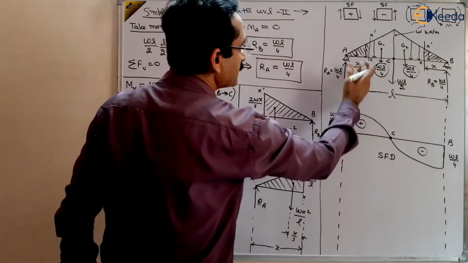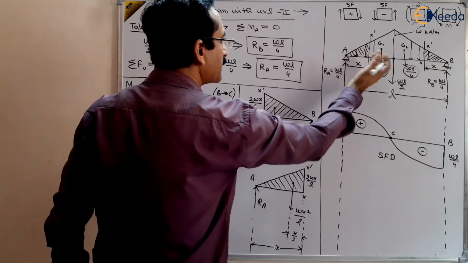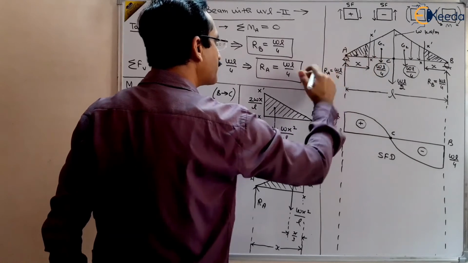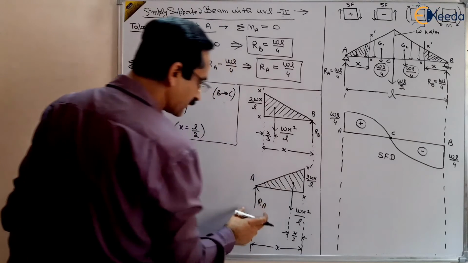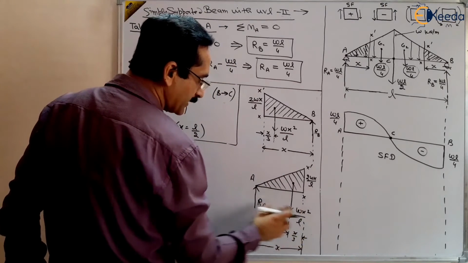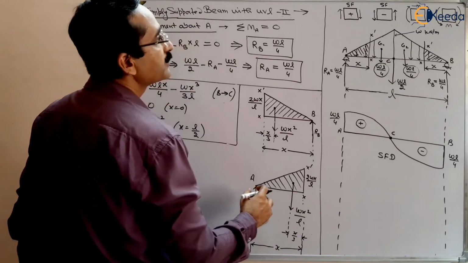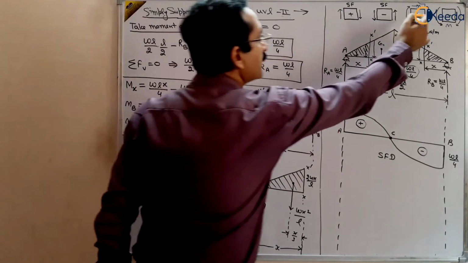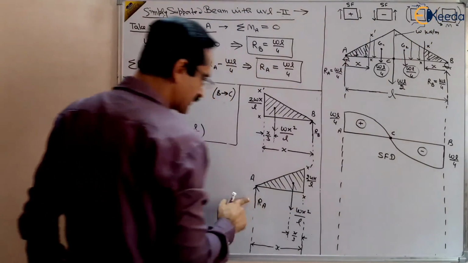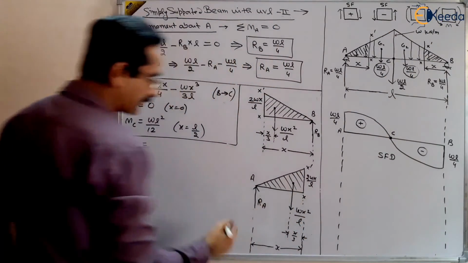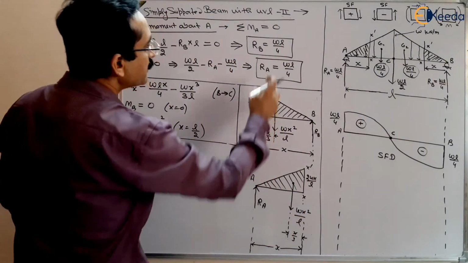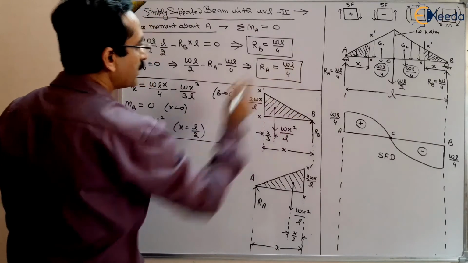Take the section and find out the moment of the forces to the left of the section. To the left of the section there are two forces, RA and Wx square by L. The moment of RA should be positive, and for the other force it is negative. So RA multiplied by x, where RA is WL by 4, into x.